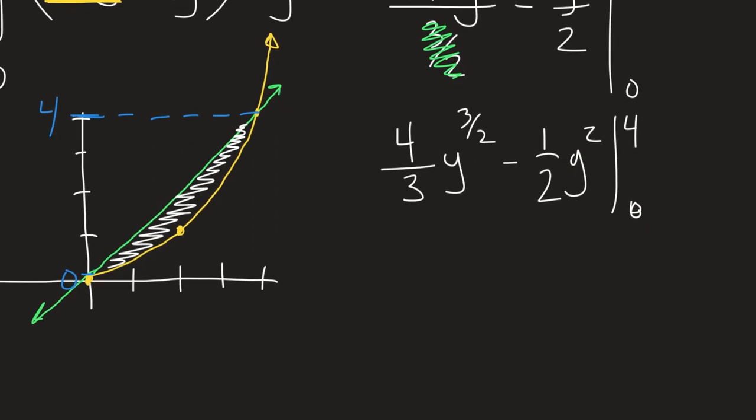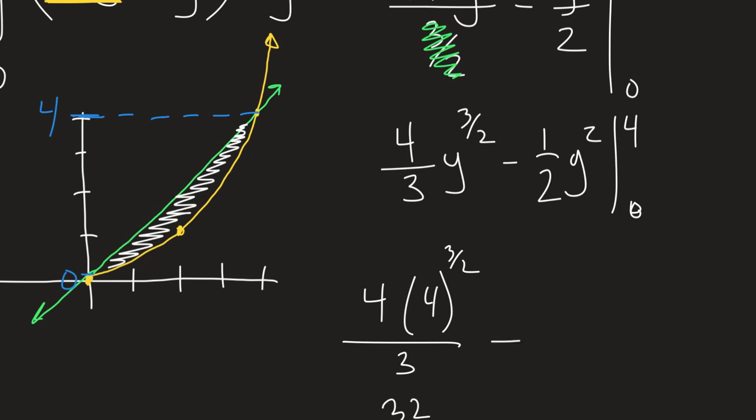Okay, so this might take a little bit of brain power to know how to raise 4 to the 3/2 power. Okay, so we can do two things. We can do the square root of 4 and then cube it, or we can do 4 cubed and then square root it. Okay, either way, this value becomes 8. So 8 times 4 is 32. This becomes 32/3.